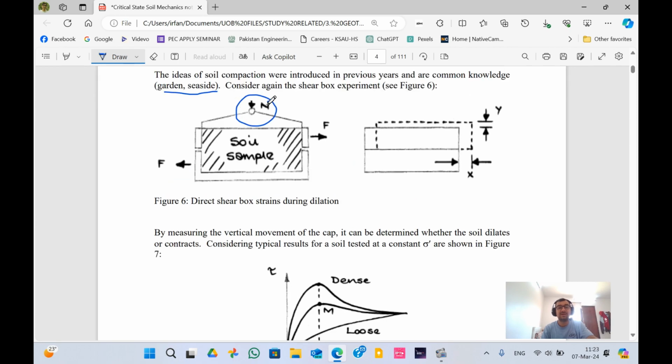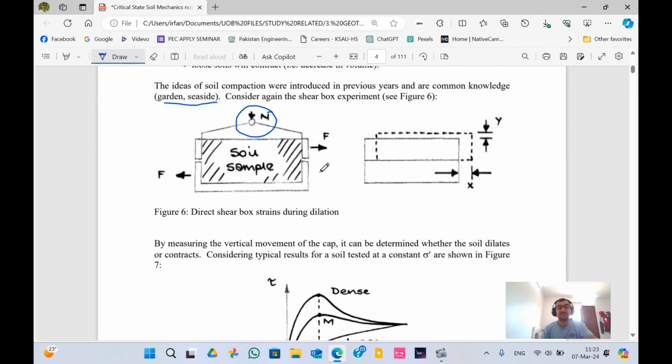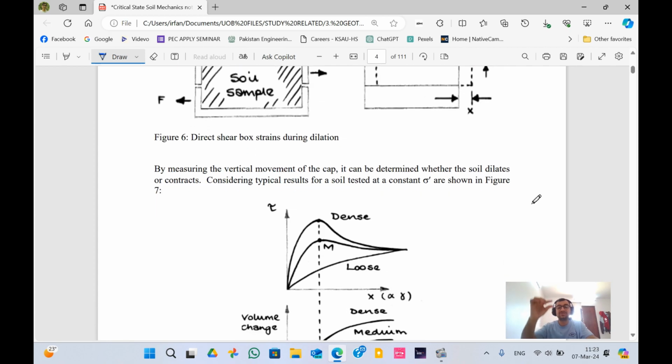When you apply the shear stress and the normal stress, how much this moves determines the phenomenon of soil dilation, how much it dilates, and whether it dilates or contracts. We can measure it by just measuring these two things.